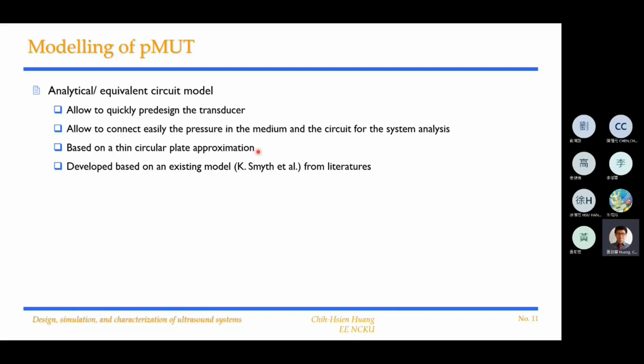If you use different shapes, it will not fit. Another thing is if you use a thicker plate, it probably is also not able to give a good result. For a thin circular plate, it usually will define an aspect ratio, so what the height of the membrane is compared to how large the diameter of your plate is. That's usually already predefined in each different model.